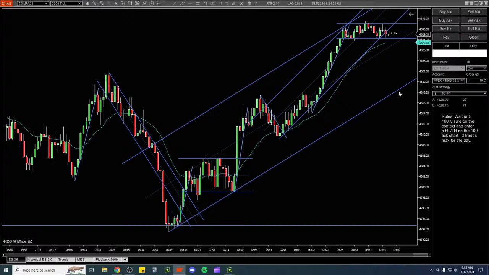Looks like we're breaking this possible trend. Could be a little bit wider, but it's probably not valid at all. Price is clearly playing within this range.